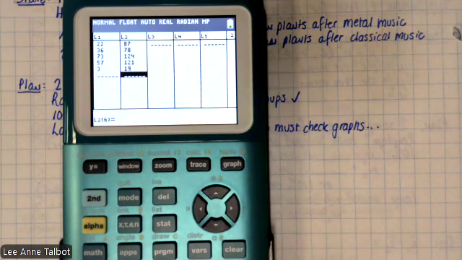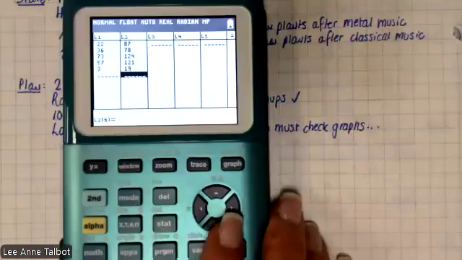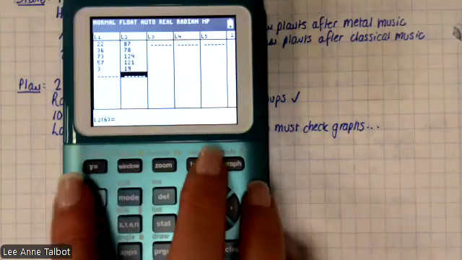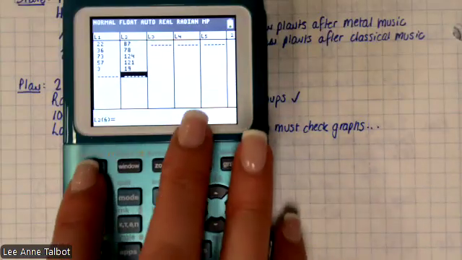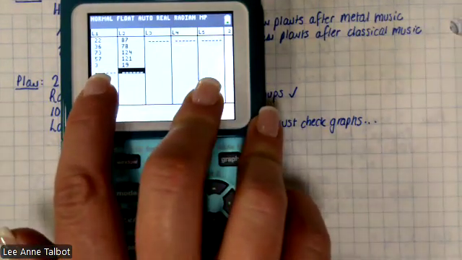Is anyone else concerned about the 5th plant in the metal group? It seems to be, yeah. Okay, now I'm gonna give you a hint in a minute, but let's do the stat plot first. So, what is the lowest number? 3, right?